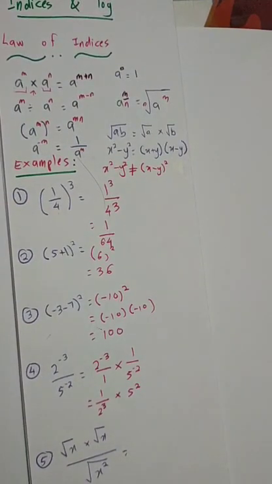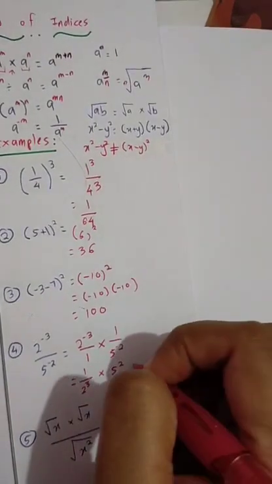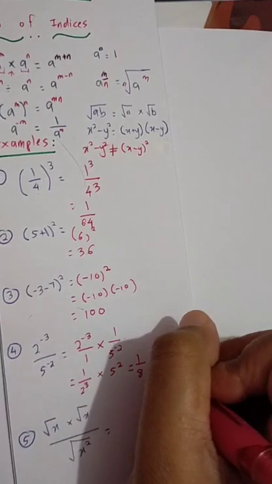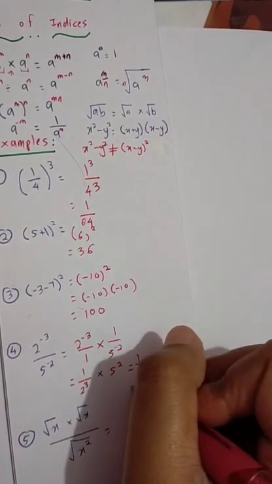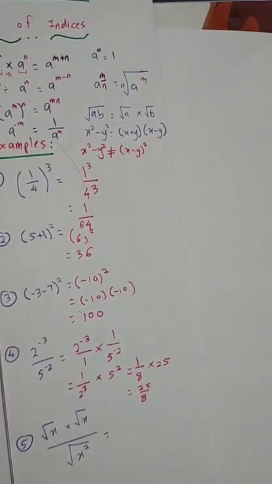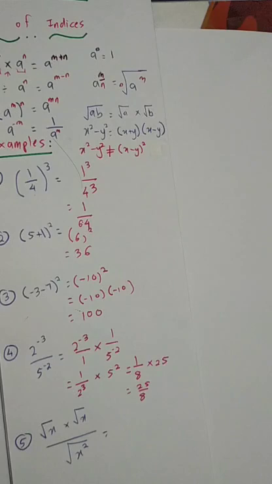Then you can solve it. Make sure you put your equal sign here. I don't have enough space, so I put it over here. So 1 over 8 times 25, so you get the answer 25 over 8. Okay, so I hope it's clear till there.